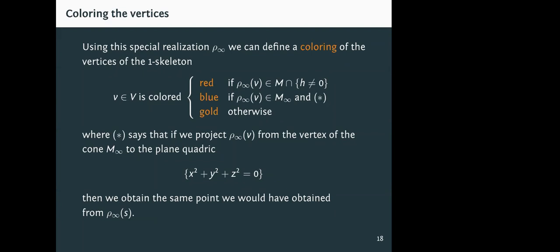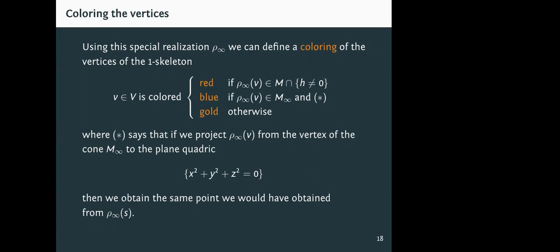Then this rho infinity of S can be projected to this plane curve, and we can do the same with rho infinity of V for any vertex V which is also at infinity. And if the 2 points project to the same point on the plane curve, then we color this vertex blue.